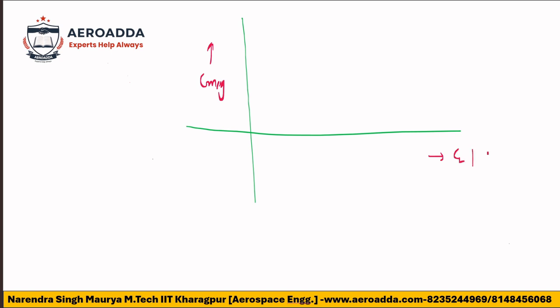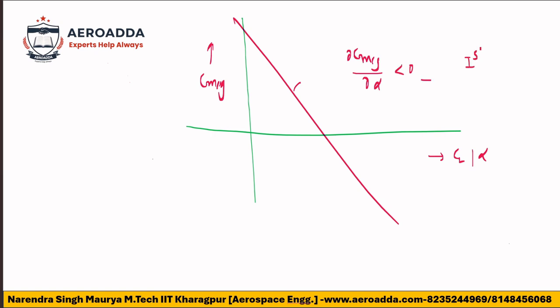See, this was the data I had given, if you remember, this graph. This was Cm CG, and this was the CL, or you can say alpha. So basically this was the slope. You had seen that dou Cm CG by dou alpha is negative.